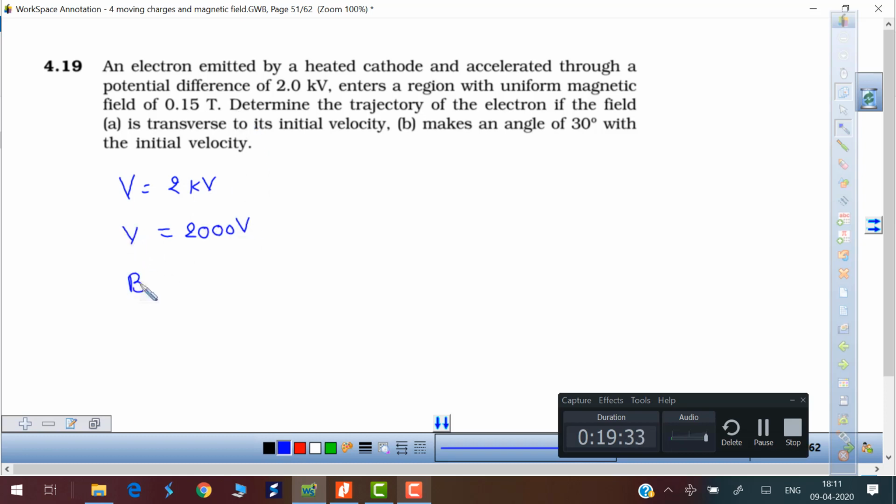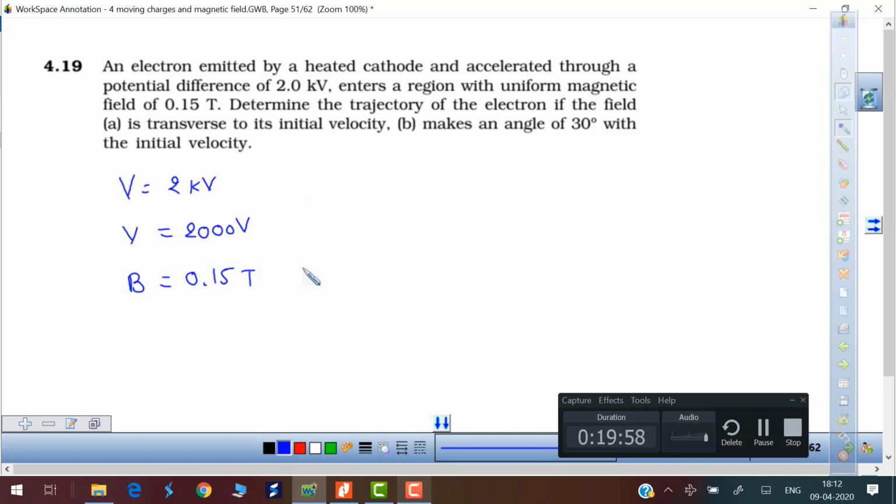Field is 0.15 Tesla. Determine the trajectory of the electron if the field is transverse to its initial velocity, and if it makes an angle 30 degree with the initial velocity. So you have two situations given.